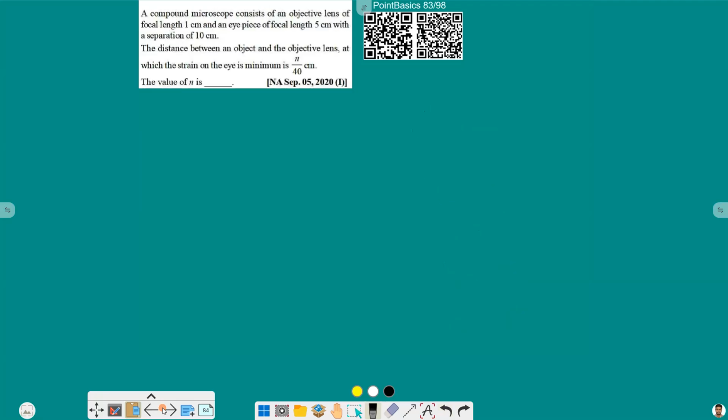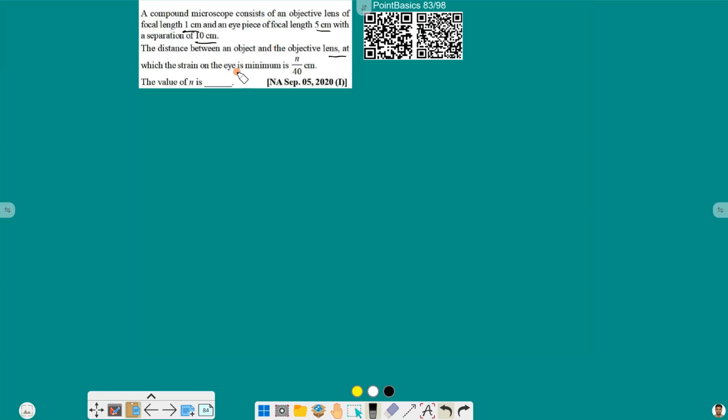Now in the next one, a compound microscope consists of an objective lens of focal length 1 centimeter and an eyepiece of 5 centimeter, with a separation of 10 centimeter. The distance between object and objective lens at which the strain of the eye is minimum is n by 40. Find the value of n.